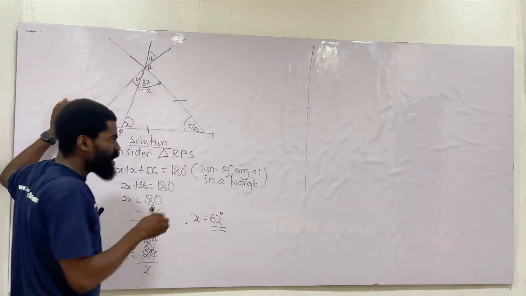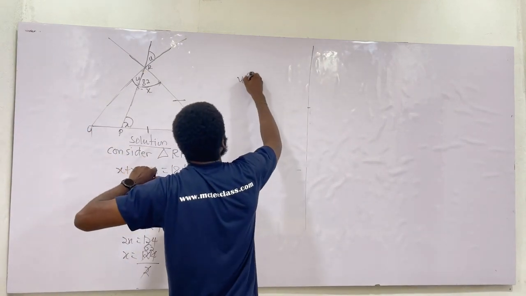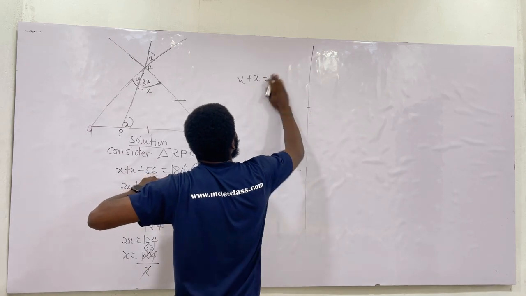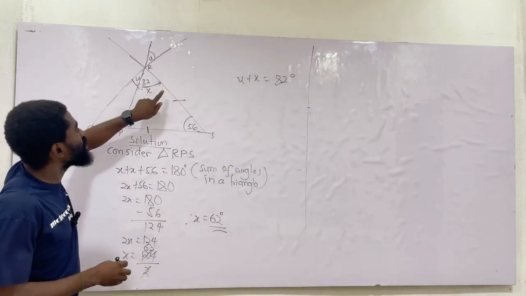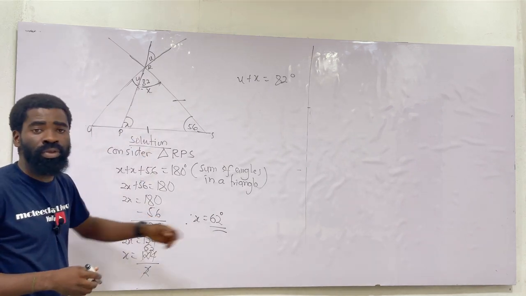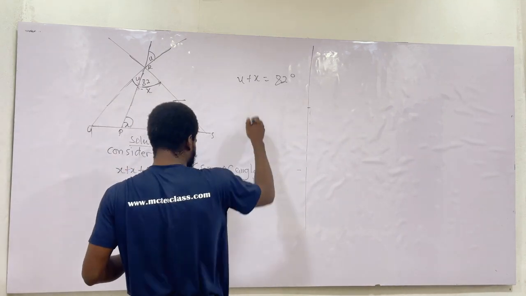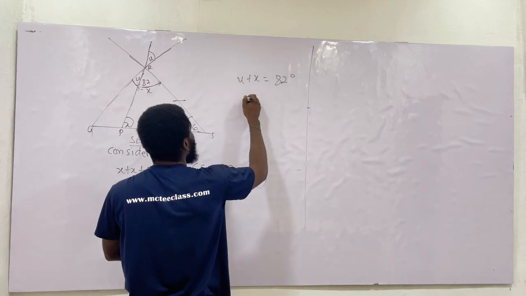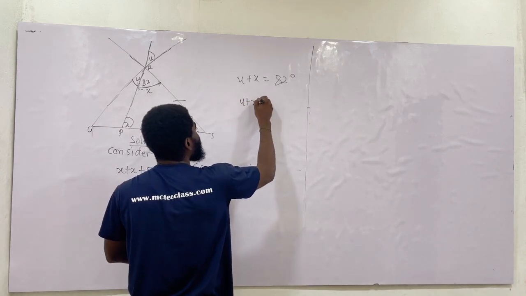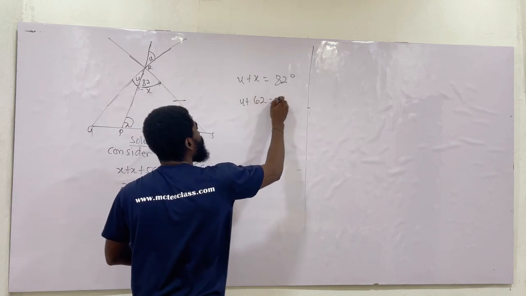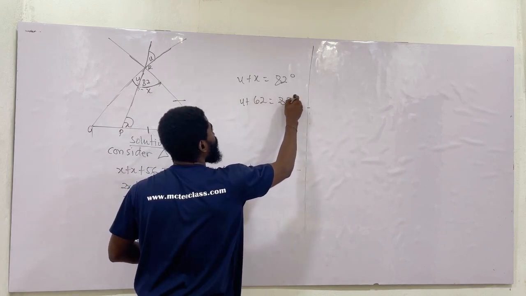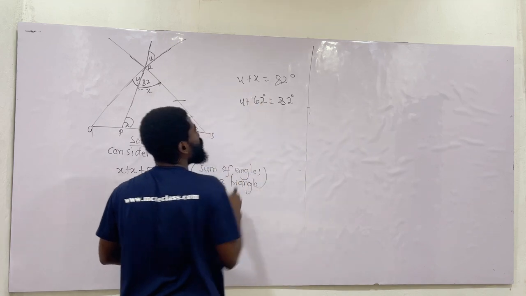Therefore, I can say U plus x should be equal to 82 degrees. I'm correct, because that is the angle. Now I have x as 62. So if x is 62, I'll have U plus 62 equals 82 degrees.